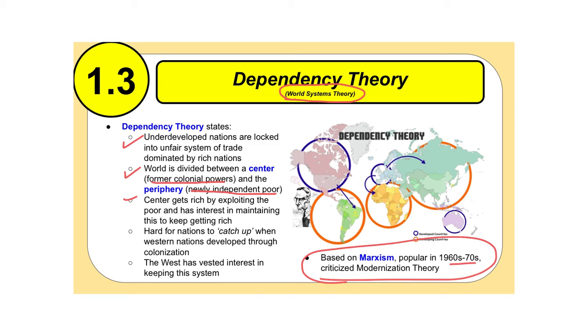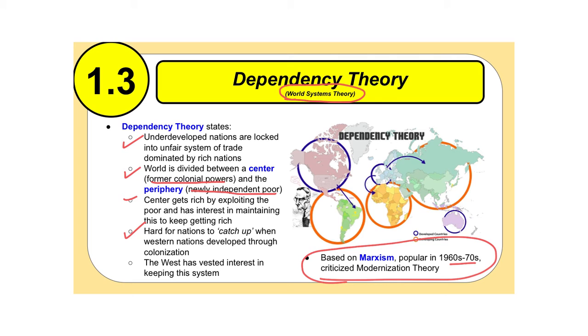The center gets rich by exploiting the poor and has an interest in maintaining this to keep getting rich. And so the idea is that these former colonial powers are doing everything they can to keep these poorer countries poorer because it helps them maintain their rich lifestyle. It's hard for nations to catch up when Western nations developed through colonization.